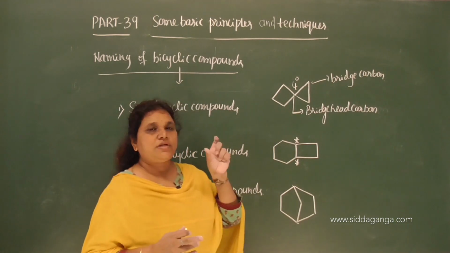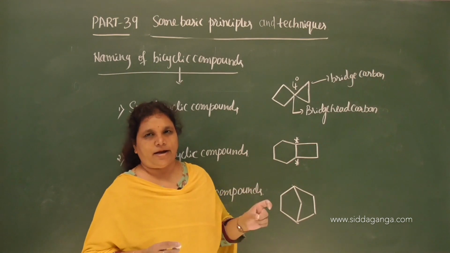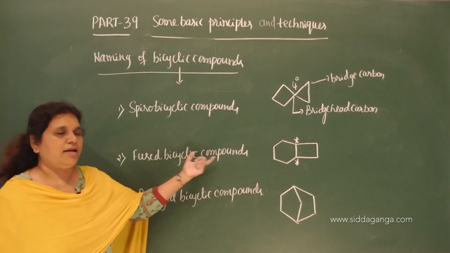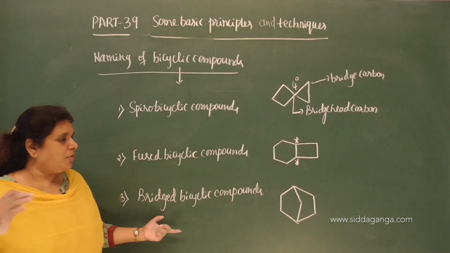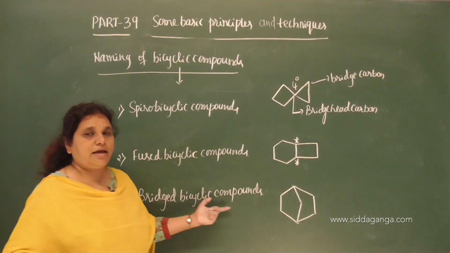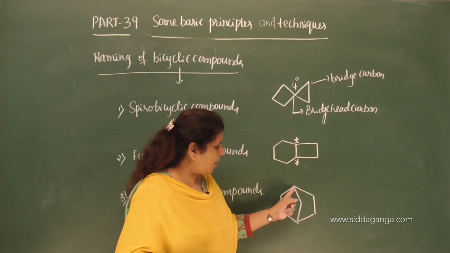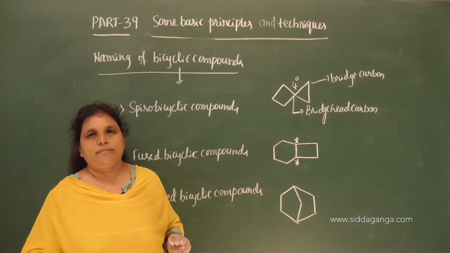So, the two rings are joined through two bridgehead carbon atoms, then they are called what? Fused bicyclic compounds. If the bridgehead carbon atoms are more than 2, then they are called bridged bicyclic compounds. See here, between these two cyclic rings, 1, 2, 3, there are 3 bridgehead carbon atoms.